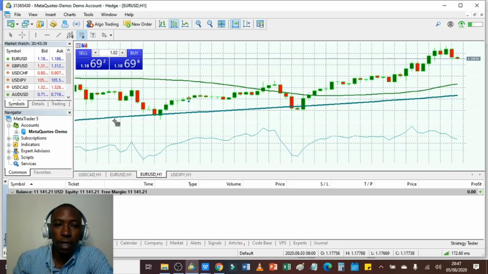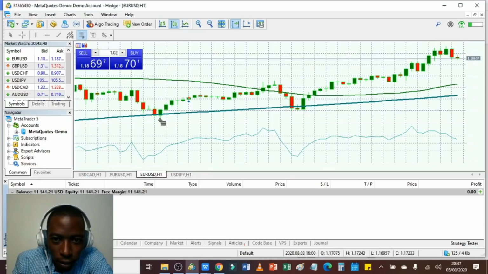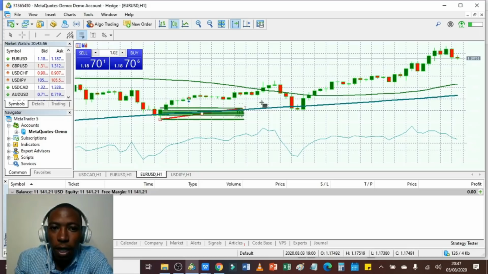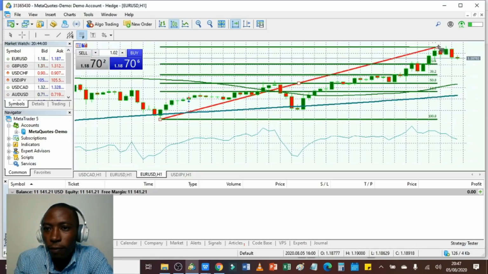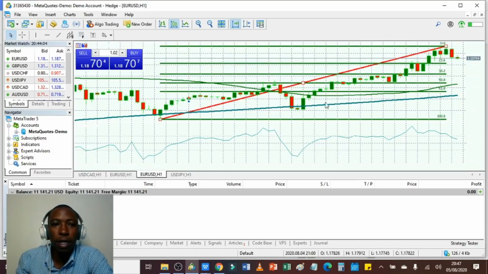So I'll simply connect my lowest price in this session to the highest price in this session. This point here is the lowest, and this is my highest point in this trading session. So I'll just tap on the lowest point and connect it to the highest point, and from that I will be able to derive my Fibonacci trading levels.